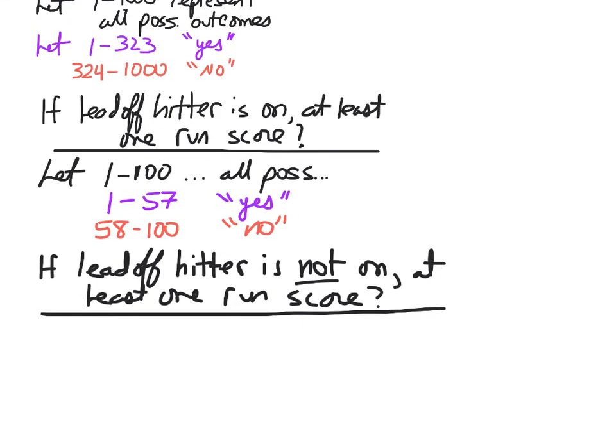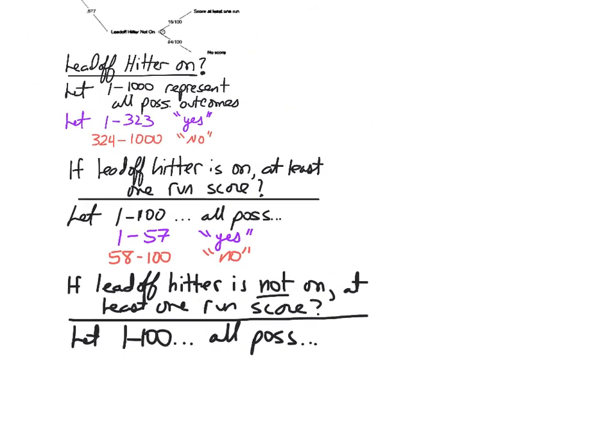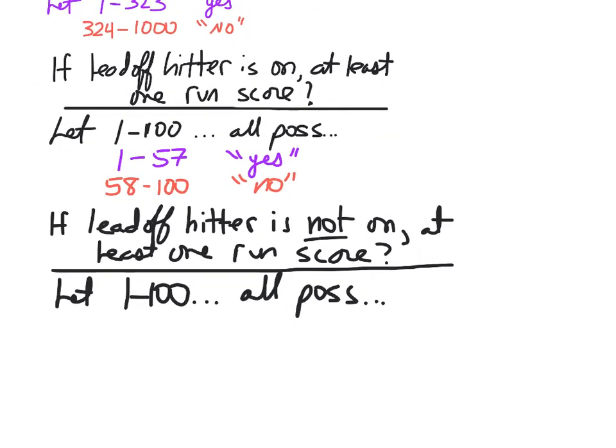And so it would be the same framework. Let 1 through 100 be all possible outcomes, but this time it was 1 through 16. Would be my yeses. And 17 through 100 would be my no's.